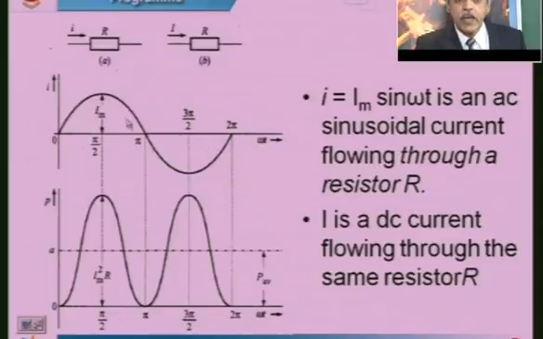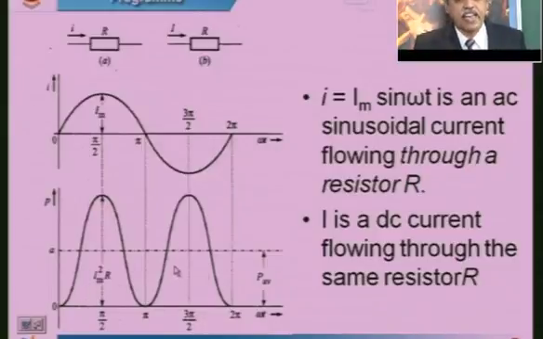And if this i square curve is multiplied by the resistance R, I get the power curve, which is sinusoidal but not alternating, because it follows a sine curve but does not have a negative half cycle. It has only a positive wave.